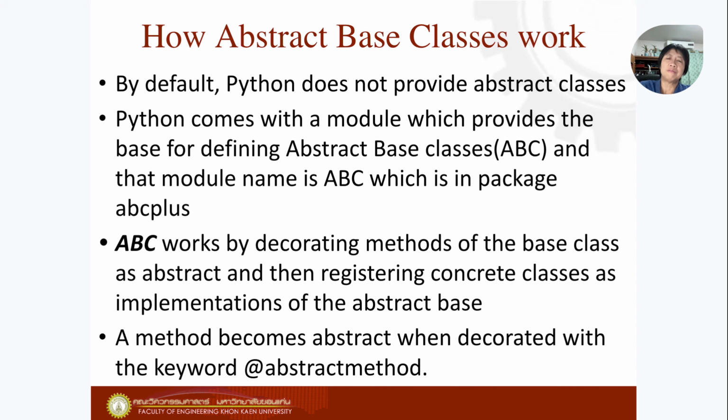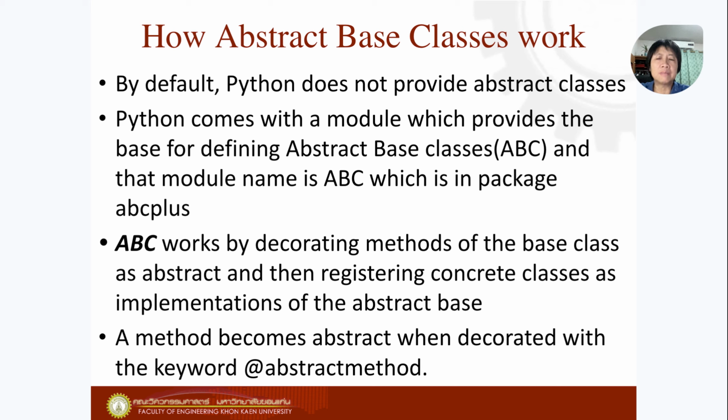Okay, by default, Python does not provide abstract classes. Python comes with a module which provides the base for defining abstract base classes, or ABC. So ABC stands for abstract base class. And that module name is ABC, which is in package abcplus. So we have class ABC, okay? We have module ABC.